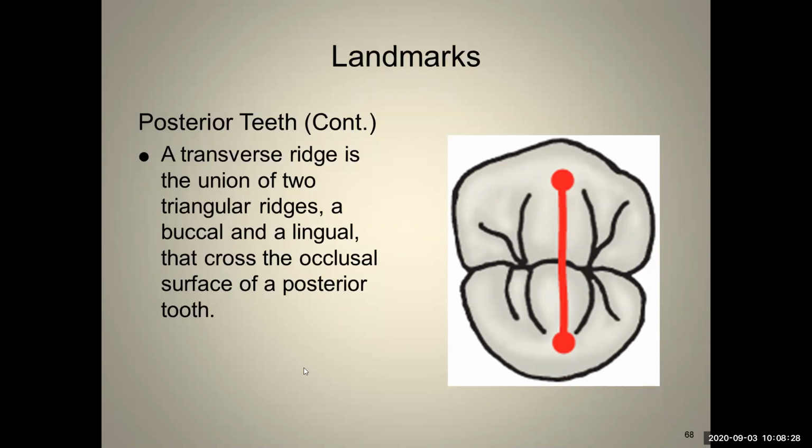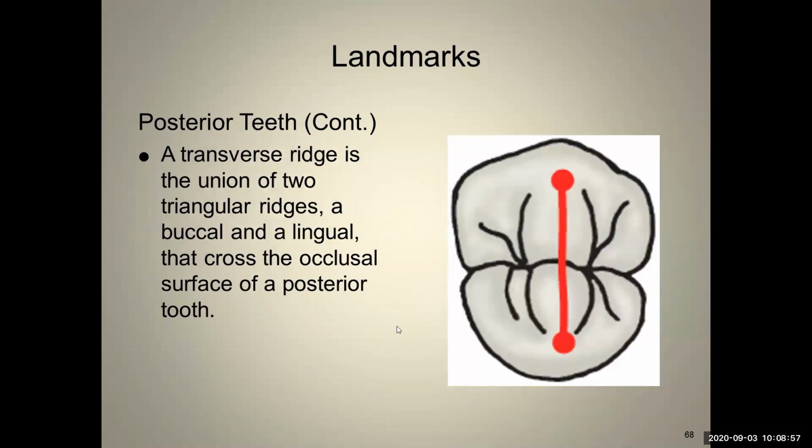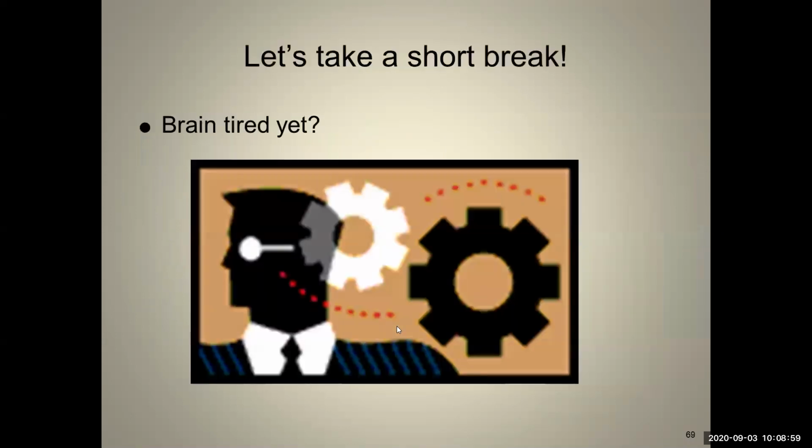Not all of them meet. This doesn't have a transverse ridge. You've got a ridge here, a ridge here, a ridge here. This is called an oblique ridge. It's not a transverse ridge. It goes from the buccal to the lingual, but it goes to the side, distobuccal to mesiolingual. That's the transverse versus the oblique. Transverse is straight from the buccal to the lingual.